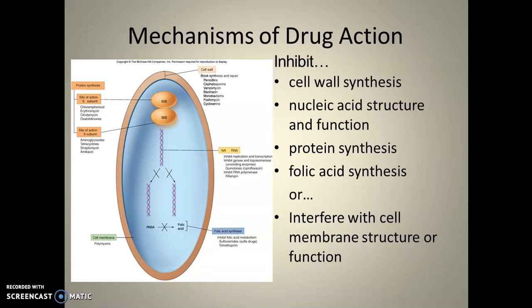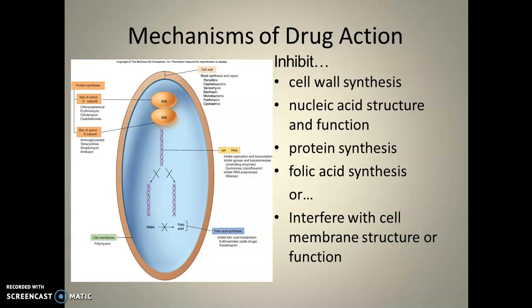So let's get into the different modes of action of how drugs work. So the most common are the first three, where we're going to have ones that inhibit cell wall synthesis, so the formation of that peptidoglycan layer. They are going to inhibit the function of nucleic acids, right?